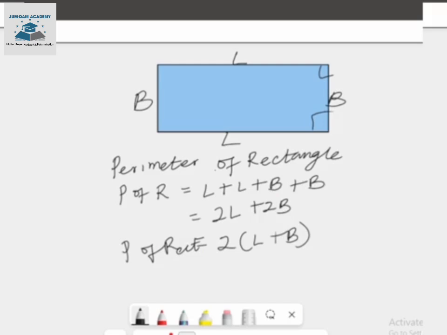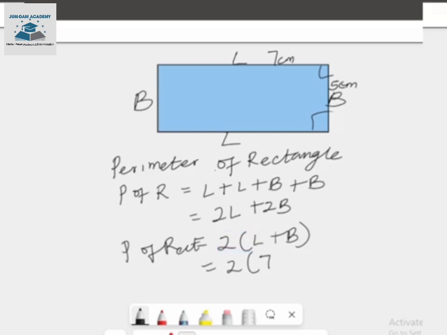Supposing the length of one side of this rectangle is 7 centimeter and one side of the breadth is 5 centimeter, and I need to calculate the perimeter of this rectangle. So I do not need to start saying 7 plus 7 plus 5 plus 5. With this formula, I can just say perimeter of the rectangle is 2 open brackets.